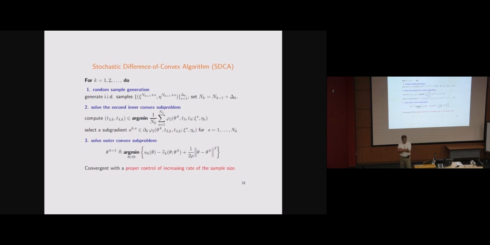So the overall algorithm involves linearization, but it's a little bit more complicated than just a DC because it is actually a stochastic value function. Sampling is involved, but then for the linearization, we resort to the usual DCA where you use subgradients and not gradients.